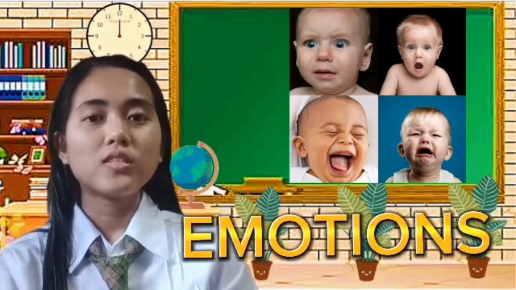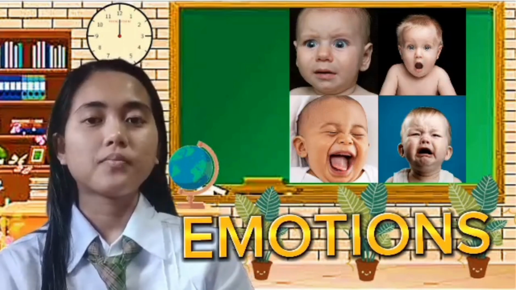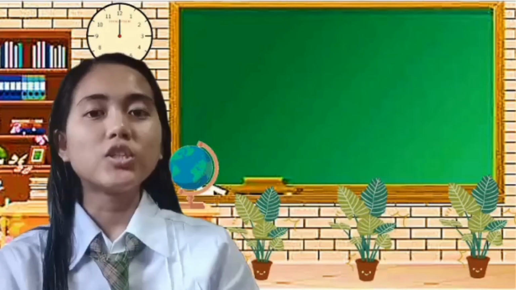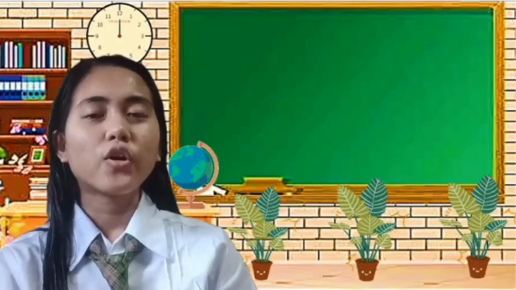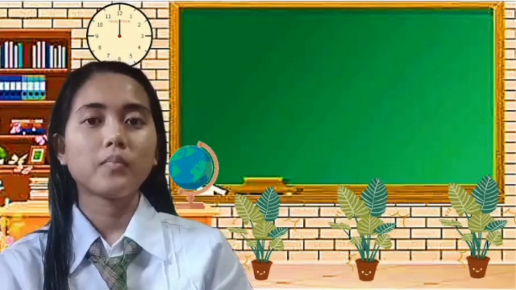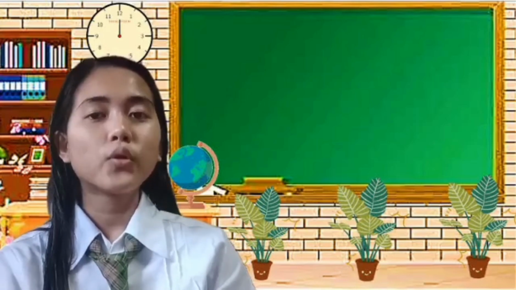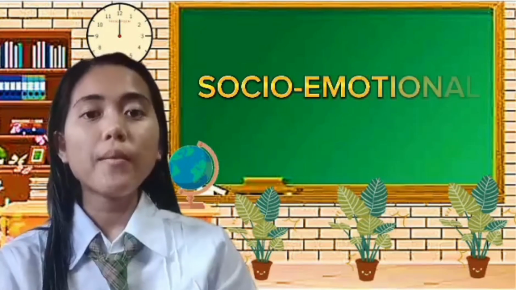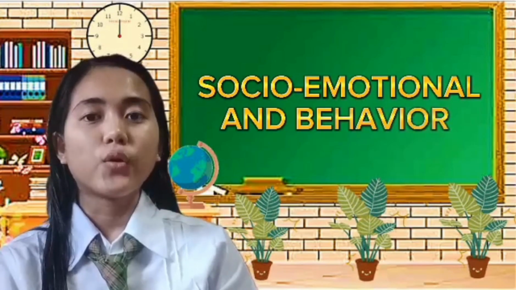So, if your answer is baby, that is wrong. But if your answer is emotions, that is correct. What is the relationship of emotions or connections of emotions in our topic for today? Because our topic for today is about socio-emotional and behavior domain.